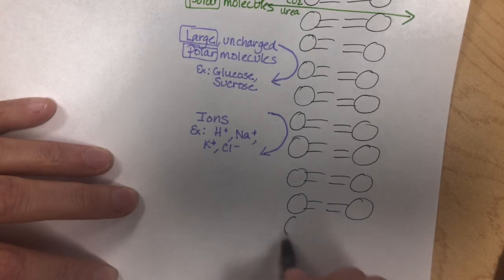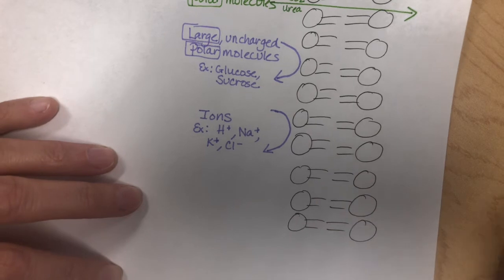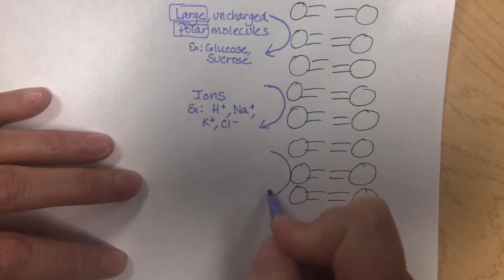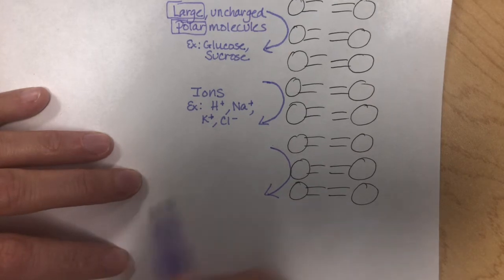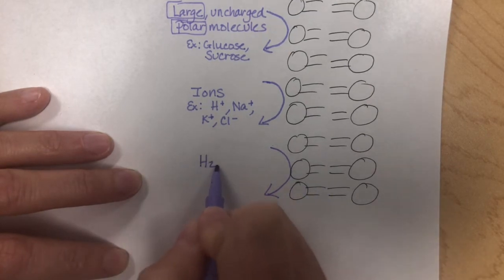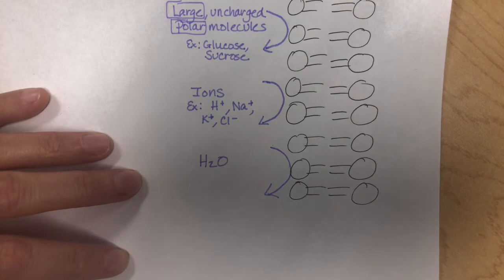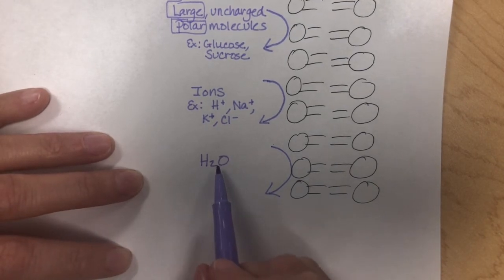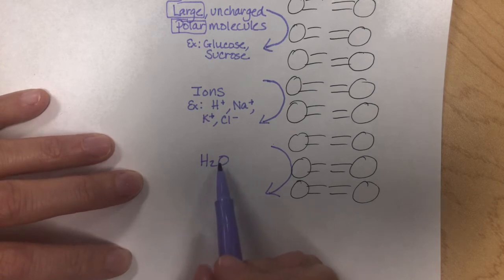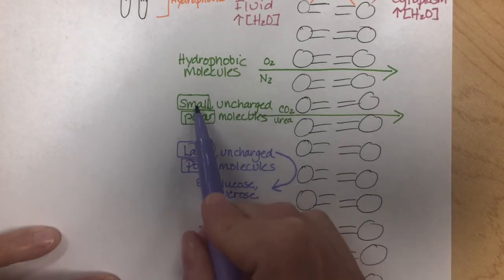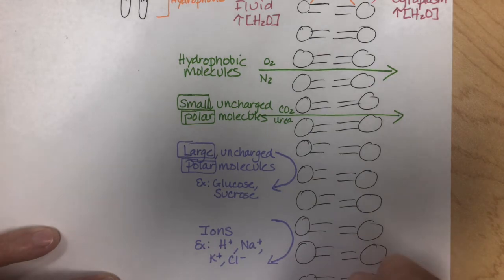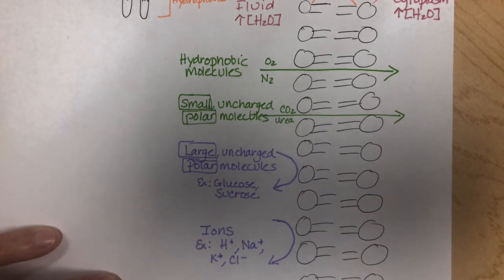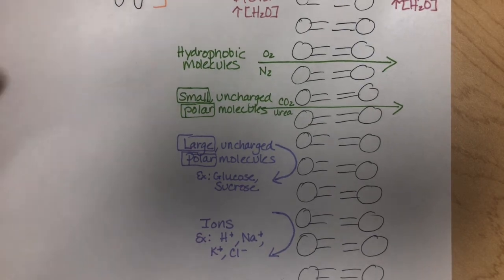I'll do one more ricocheting off here, and that is water. Water can't get through the lipid bilayer. This is unique, and it took them a long time. When I first started teaching, they thought water was in this category because it's small and polar. It's only 3 atoms big and it's polar, and they thought it could get through the lipid bilayer, but lo and behold, they found that it can't.